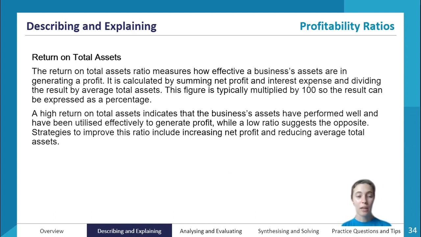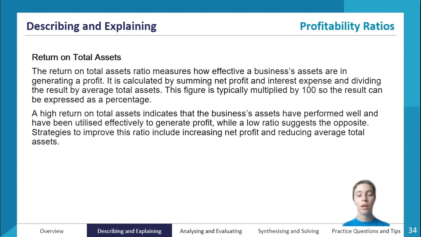Return on total assets. This is our last profitability ratio for now. So this measures how effective a business's assets are in generating a profit. So it's all very well having a whole bunch of assets, but if they're not actually valuable to a business, then that isn't going to be very effective, really, from a financial point of view.